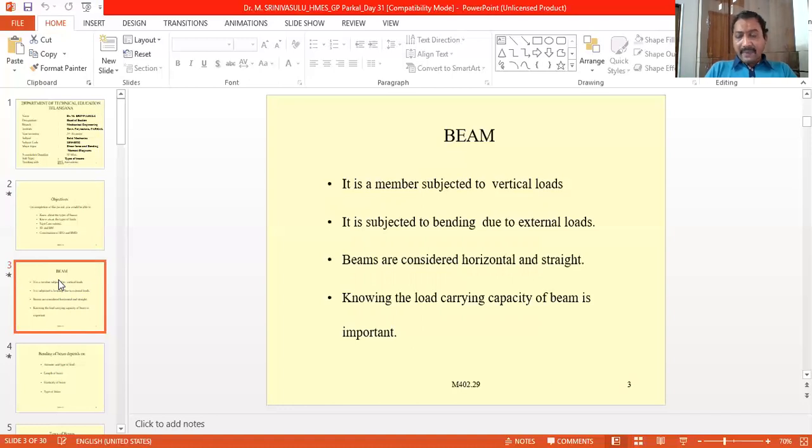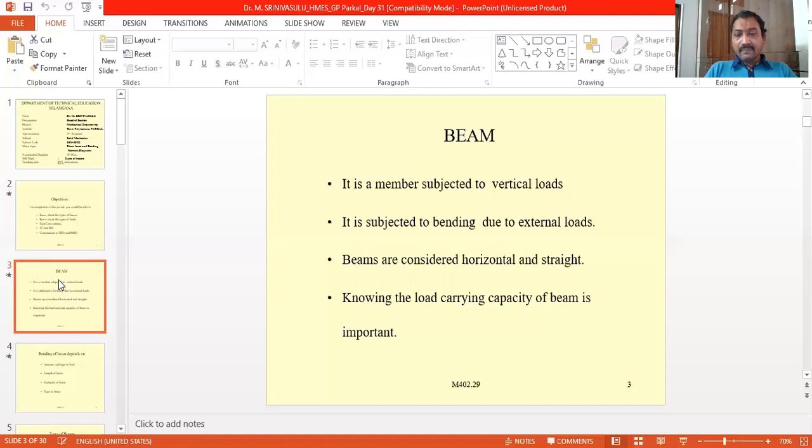So that member is called a beam. Any member subjected to vertical loads is called a beam, and it is subject to bending due to external loads. The beams are generally horizontal and straight.